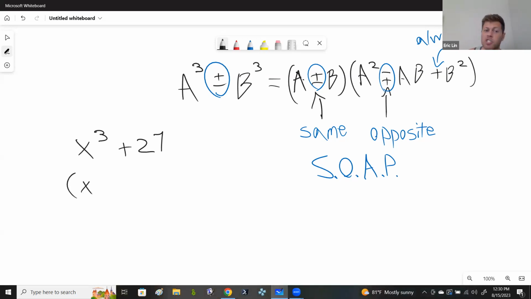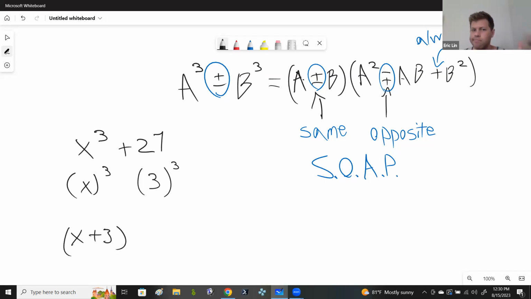Well, the first term, it's just x. I just cubed x. 27 is 3 times 3 times 3. And then also here I have to know which sign because that's going to affect my final answer. So I should have a plus b, which is x plus 3.